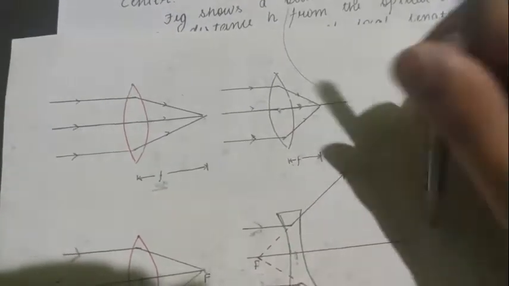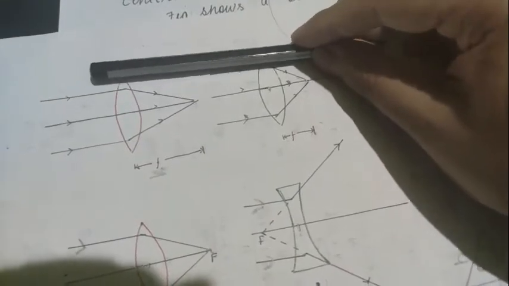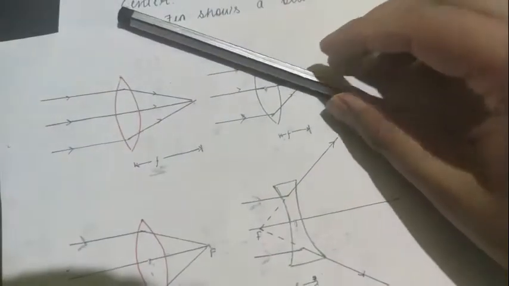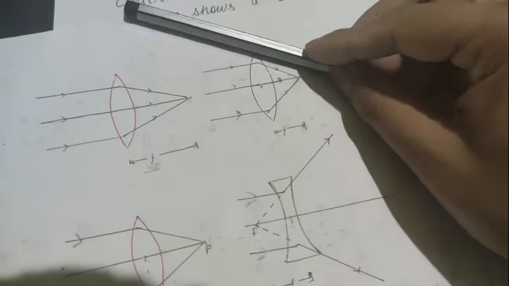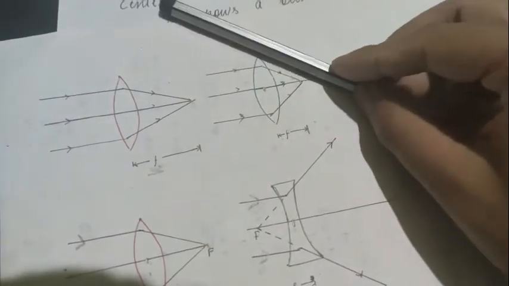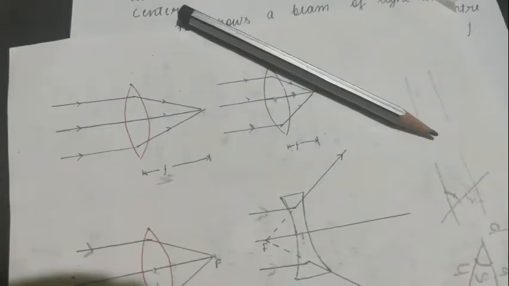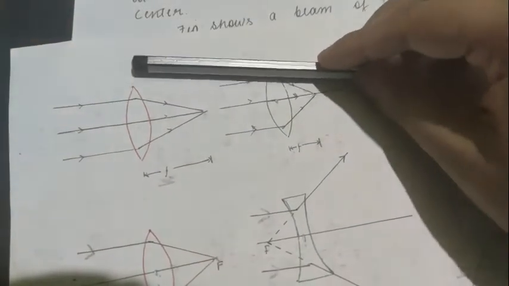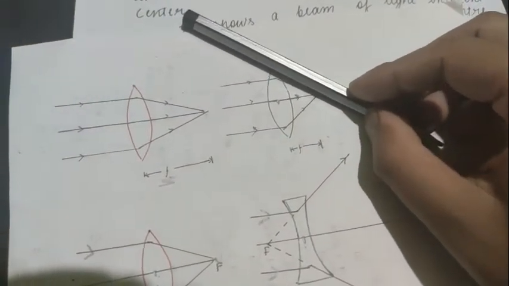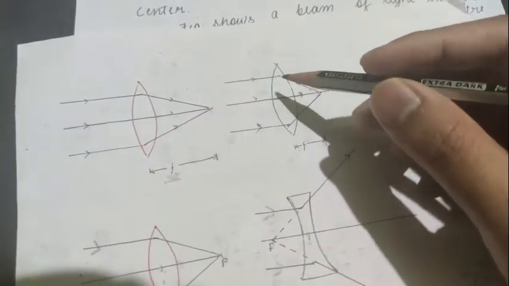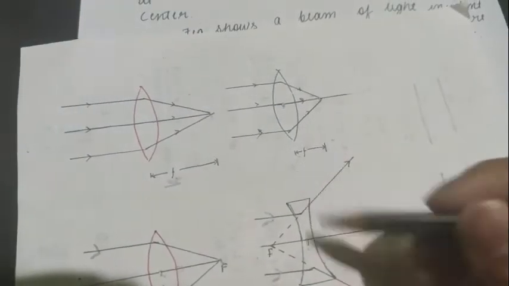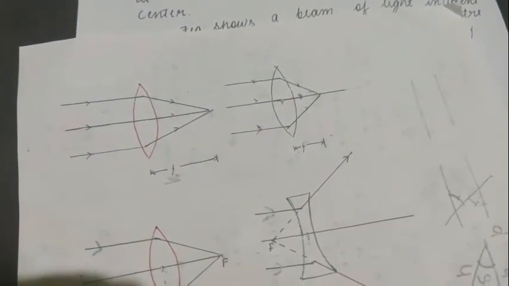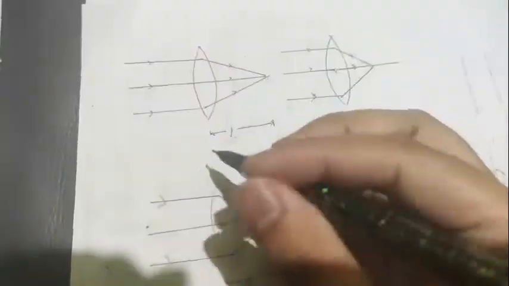If focal length is small, then what happens? Its convergence is also high. It can converge a greater number of lines to a shorter distance. Clear? If it can converge into a shorter distance, that means its convergence power is high, which means your power is high. So what do you understand from these two cases?